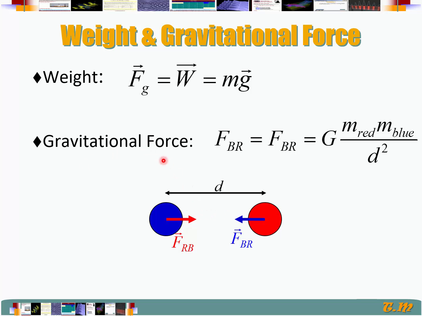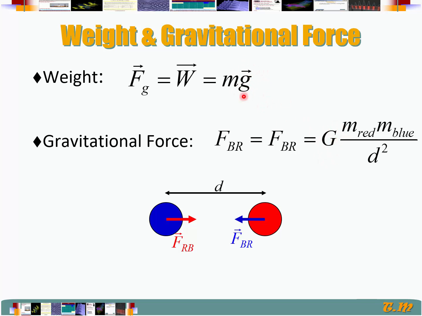with that gravitational force. For example, if the blue sphere here represents a student and the red sphere represents the Earth, the gravitational force is a force between the student and the Earth, and it is given by this expression. G, which is a different constant than this.